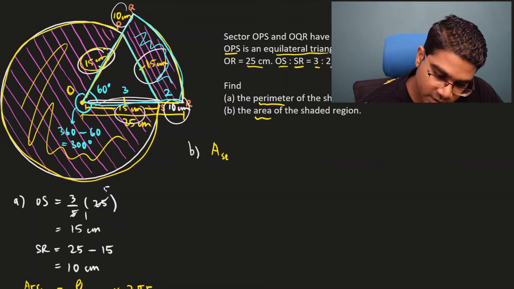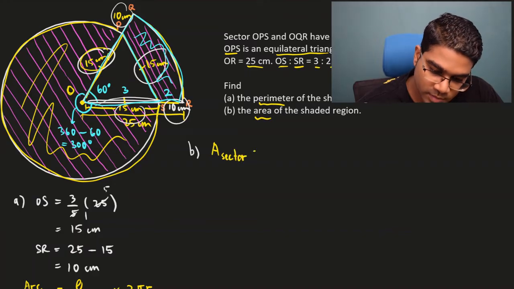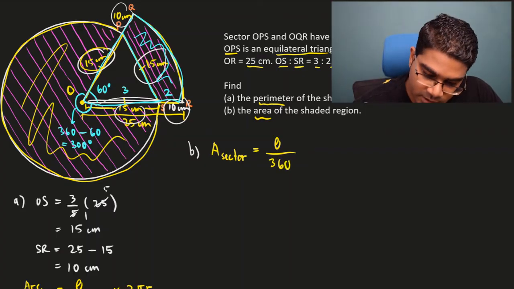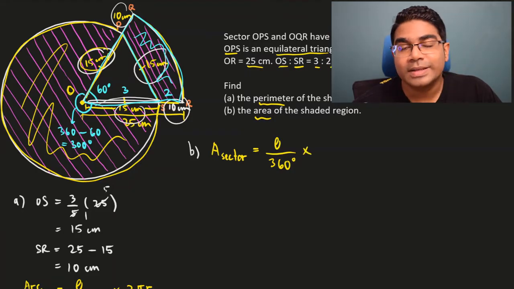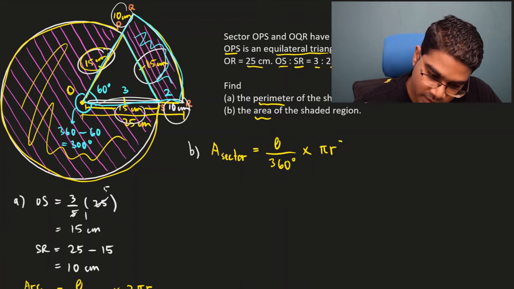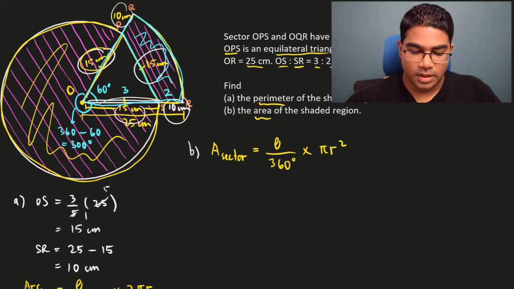Area of sector will be equals to, again, the angle of the sector divided by 360, multiplied by, this time is the area of a circle, so pi r square. Pi r square. Now let's try this.